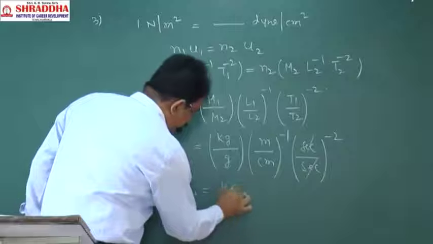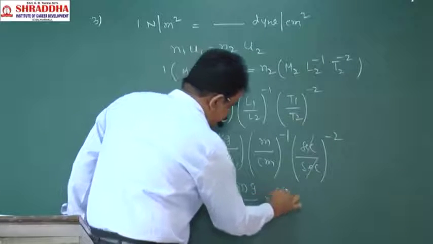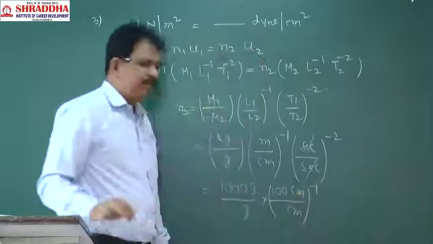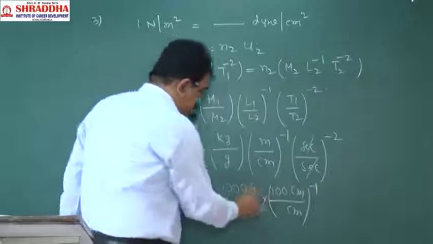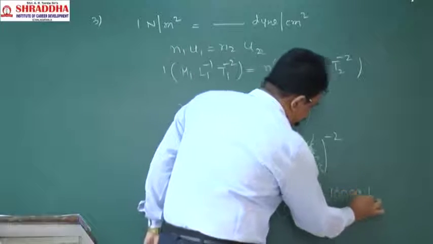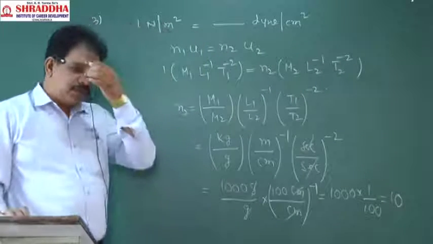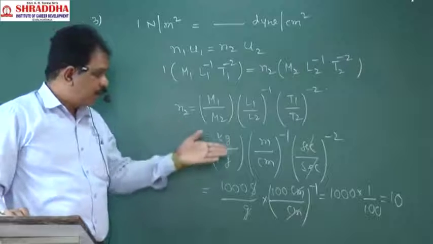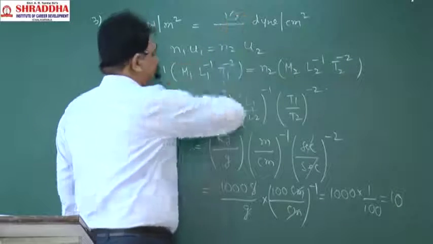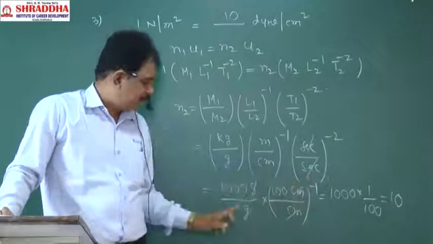This is 1000 gram by gram. This is 100 centimeter by centimeter power minus 1. Gram will cancel, centimeter will cancel. 1000 into 1 by 100. This value is equal to 10. 1000 per 100 power minus 1 means 1 by 100.